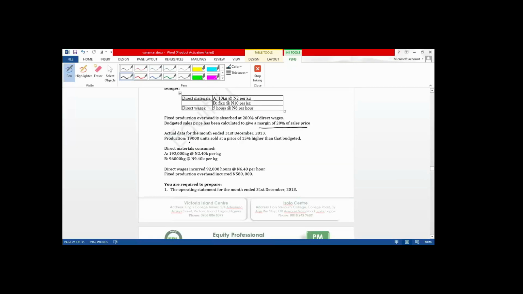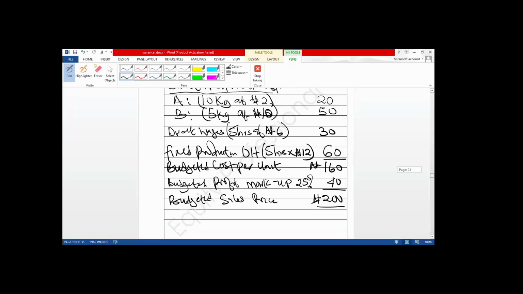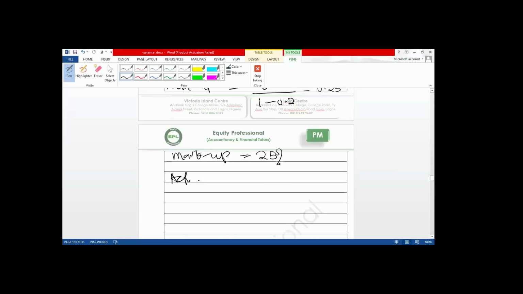Production actual, 19,000. Sold at a price of 15% higher than the budgeted. Our budget is to sell at 200 naira per unit. We now sold at 15% higher than the budgeted. That means your actual sales price.